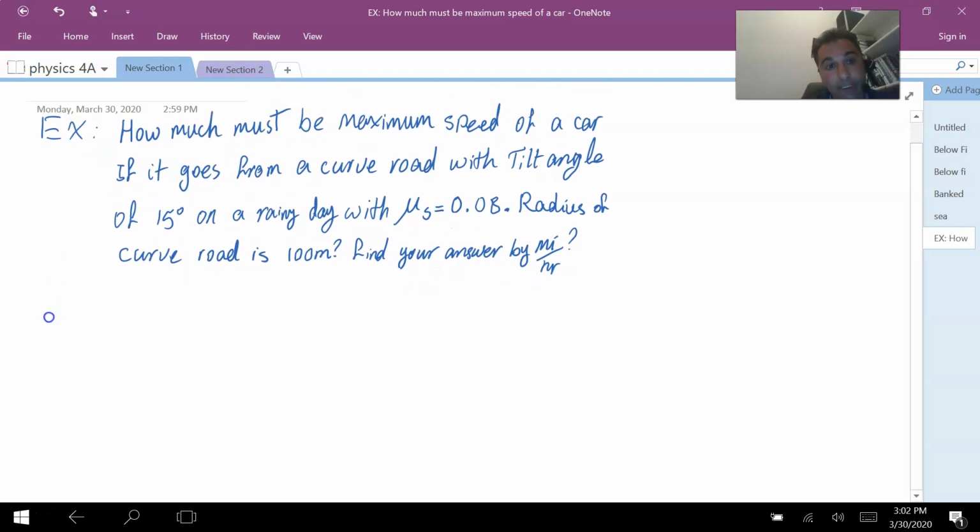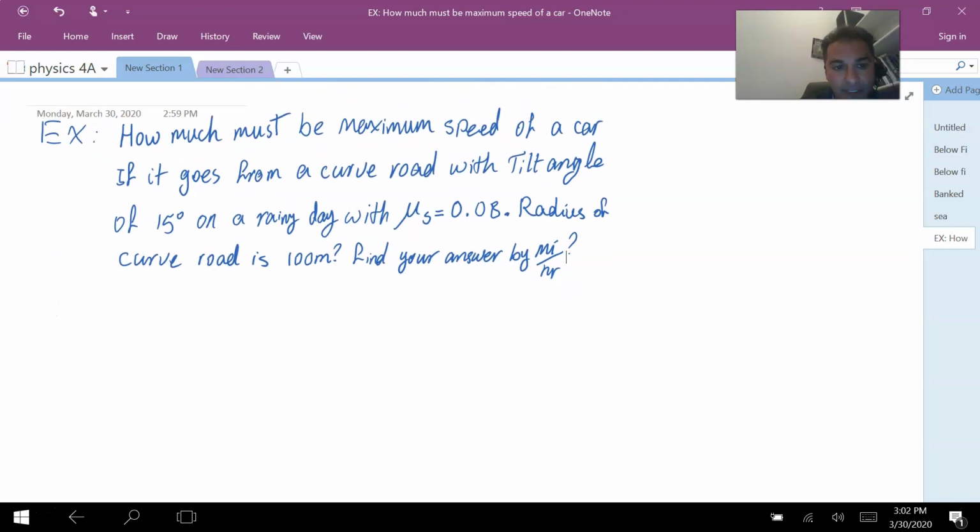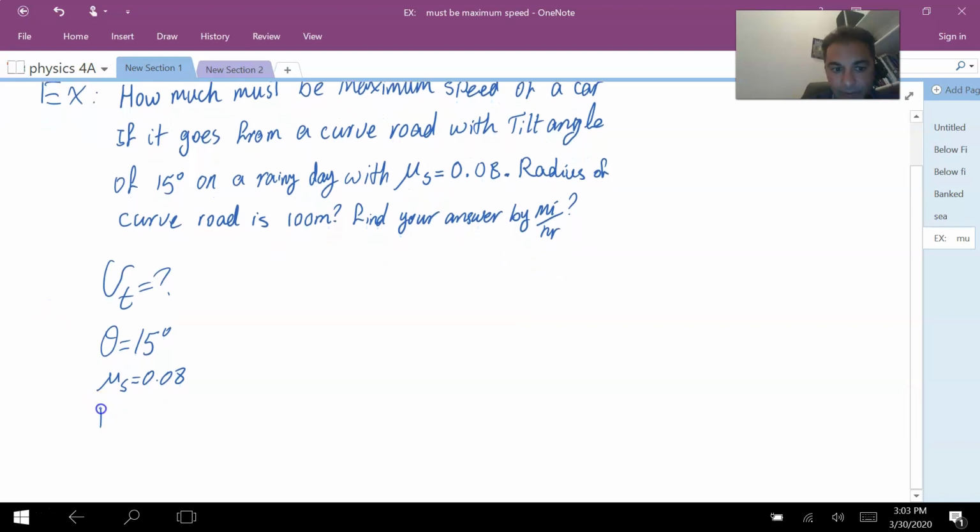Okay, so how much must be the maximum speed? So they want me to find Vt if it goes on a curved road with tilt angle, so theta is 15 degrees, mu s is 0.08, curved road radius is 100 meters.